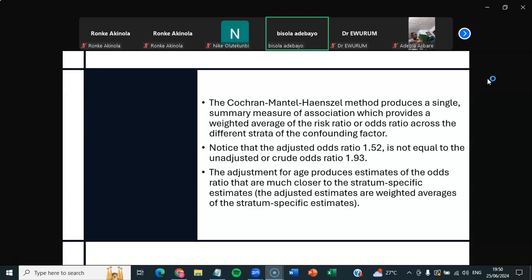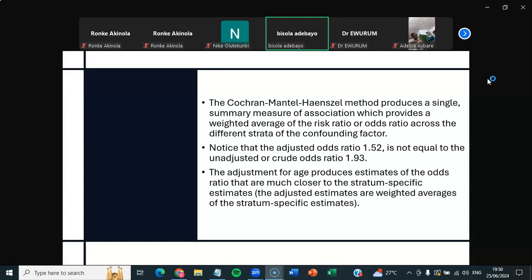So remember when we looked at age, one stratum was less than 50, the other stratum was 50 or above, and you can see it fell just right in the middle of both of them. So this is just for us to know. Many times we don't calculate this. The main measure is the odds ratio, but this can also help when we are thinking of confounders.